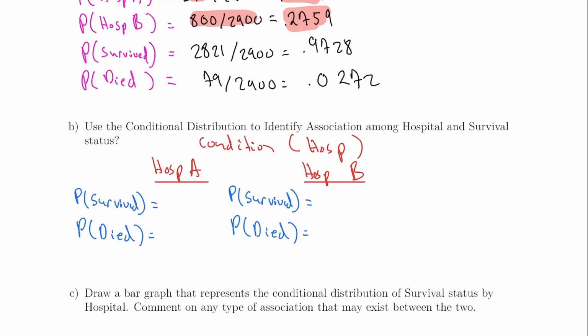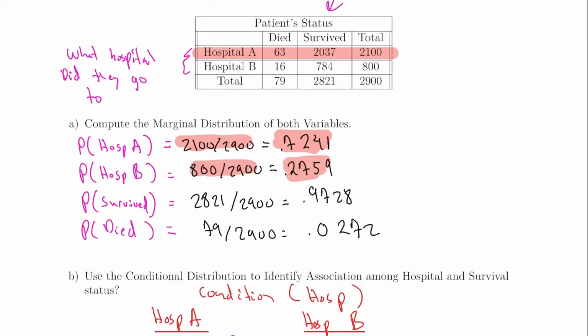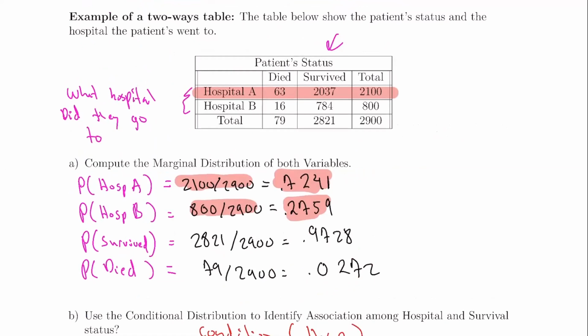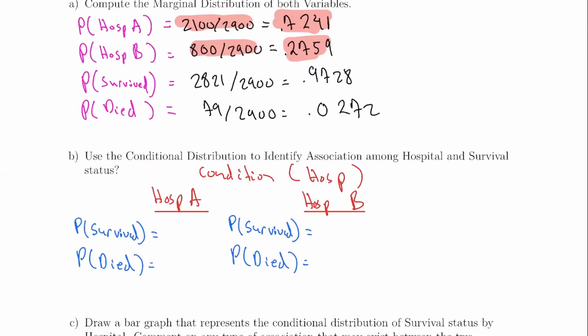So right now we're gonna make the condition which hospital they go to. So instead of looking at all of the data set, we're just gonna focus on that condition. Right now, we're gonna focus on people who went to hospital A. So if I'm just focusing on people who went to hospital A, how many total people went to hospital A? 2,100, perfect.